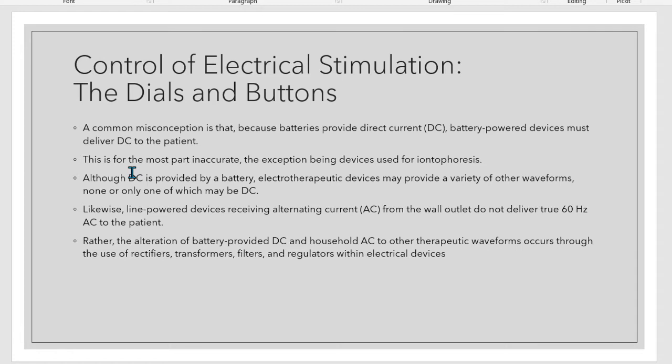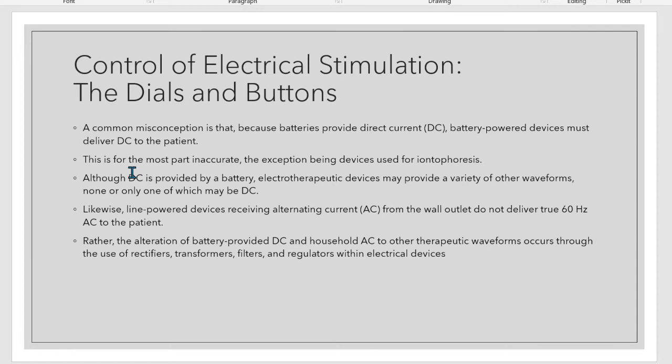Likewise, line power devices receiving alternating current from the wall outlet do not deliver true 60 Hz AC to the patient. Even if you put it in the socket, it doesn't necessarily mean that the output of that device is alternating current. It would be in DC form because it might be converted inside the device.